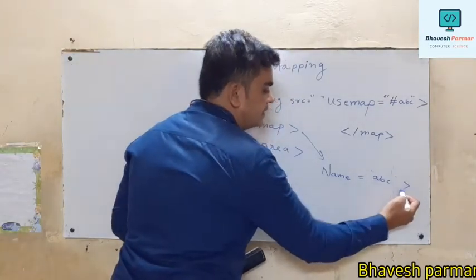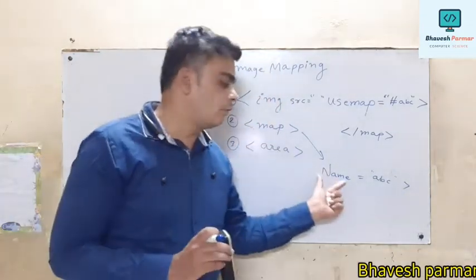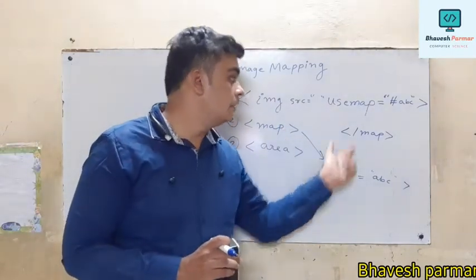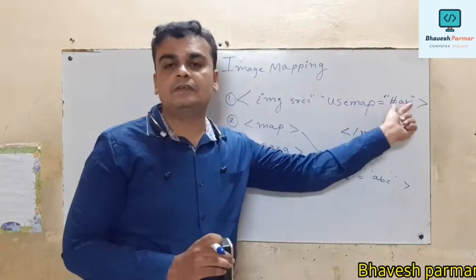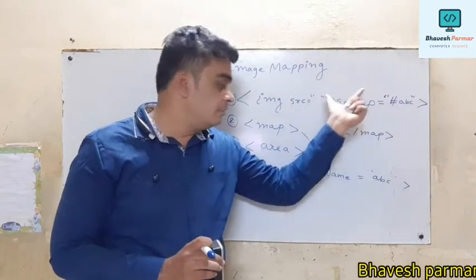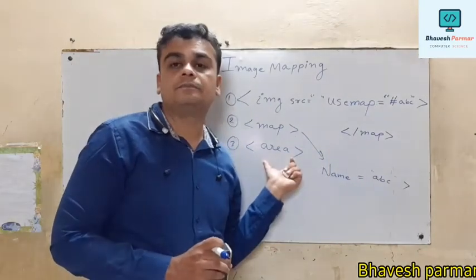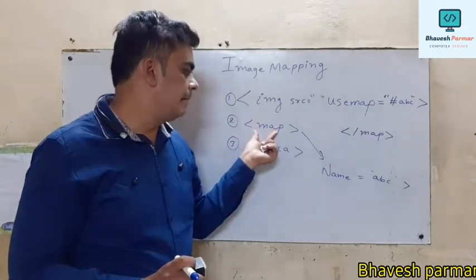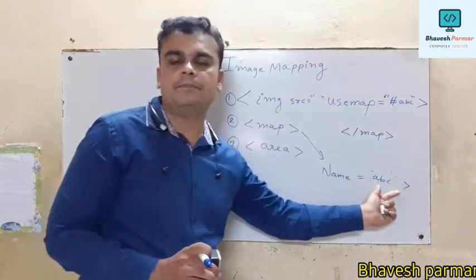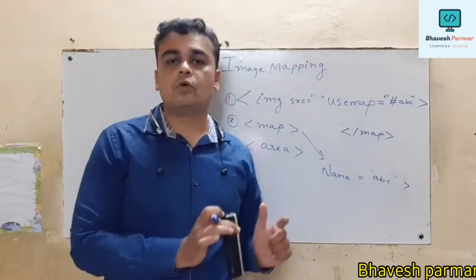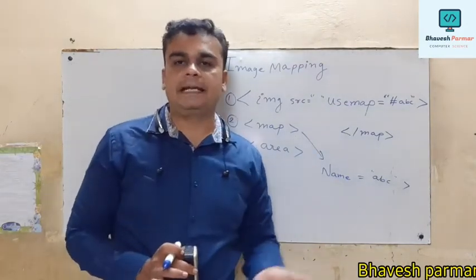So what happens, guys, is that if I am using the map tag followed by this name attribute, and in img I am using #abc, then that particular image is mapped with our program. For that purpose we have to write map space name equal to abc. Most of you may find this quite confusing, so it will be clearer when I show you practically.